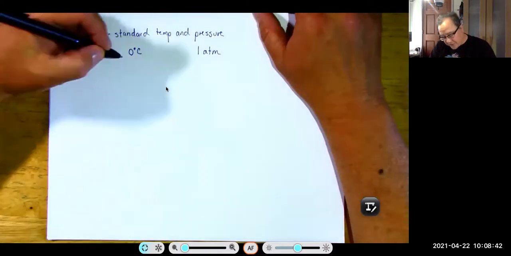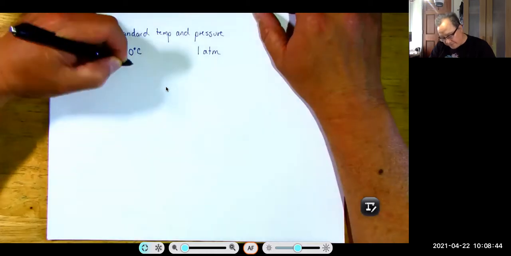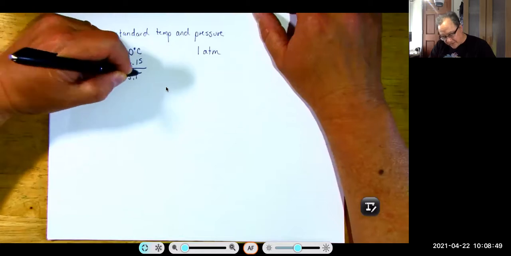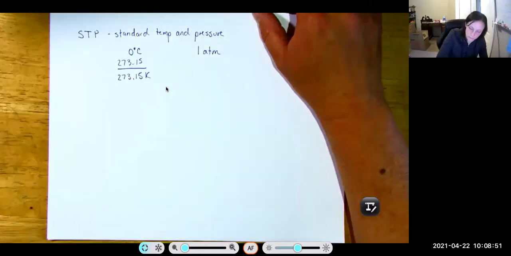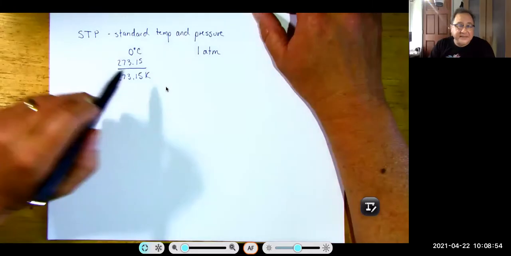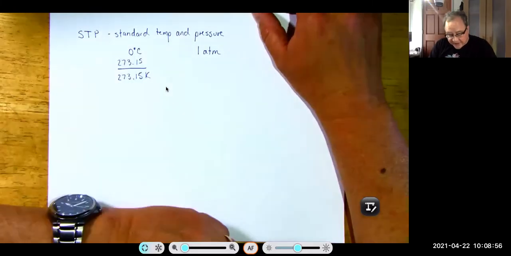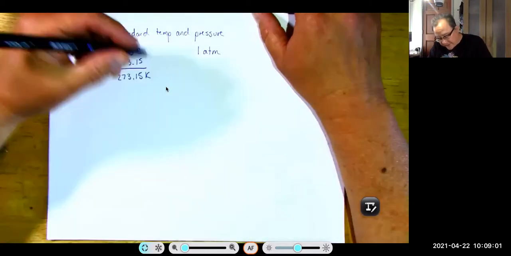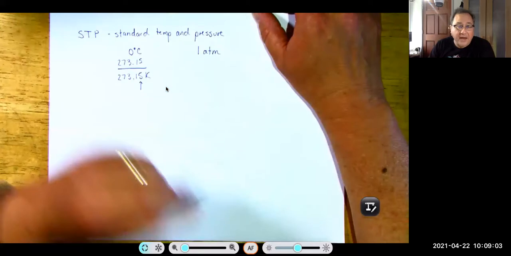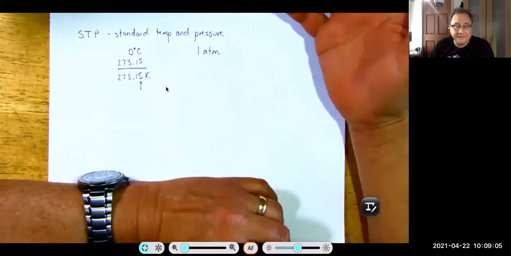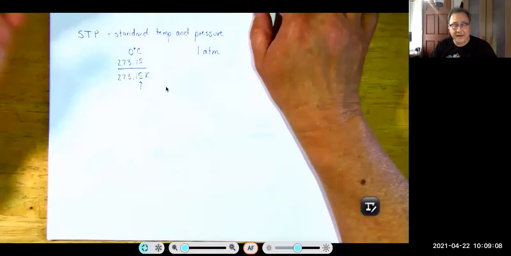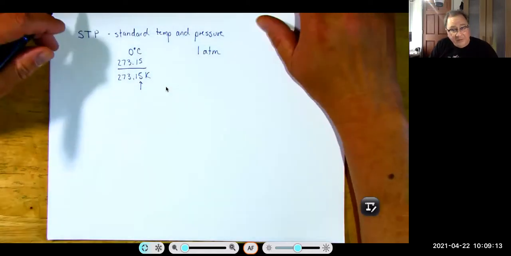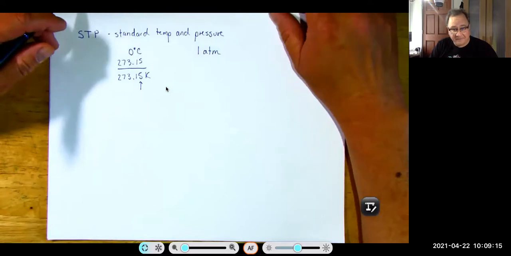I don't know why they chose that, but this is the way it is. Now, when we add 273.15 to that, we get 273.15 K, correct? Since the 0 is exact, and since the addition of 273.15 is only good to the 100th, or another way to say it is 5 sig figs, depending on how you use it. If we're going to add this to something, we say it's good to the 100th. If we're going to multiply it, we say it's good for 5 significant figures.